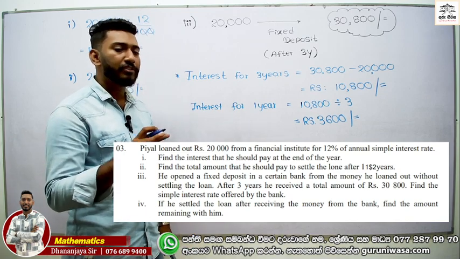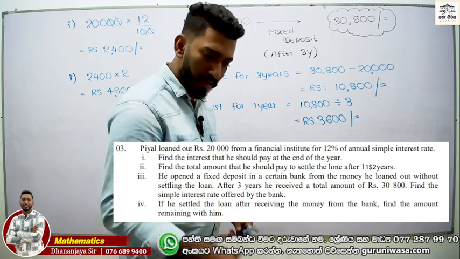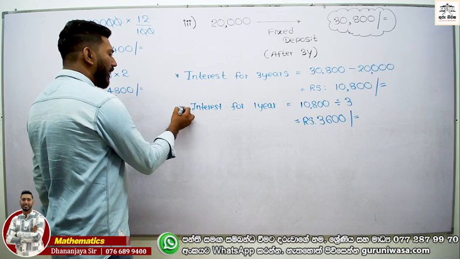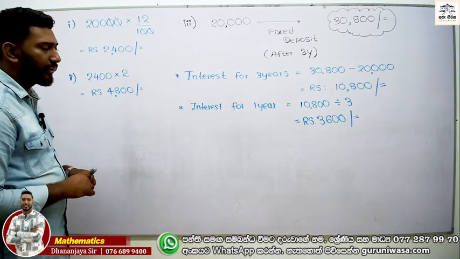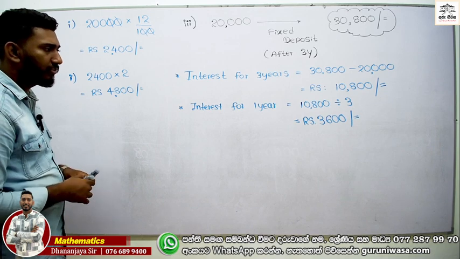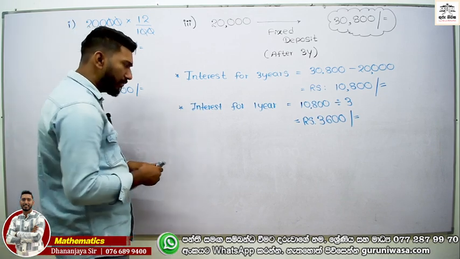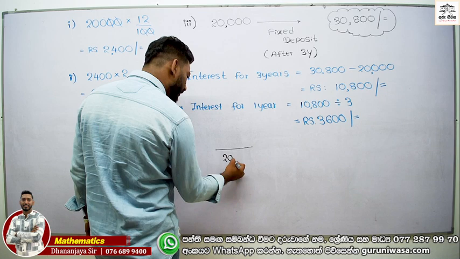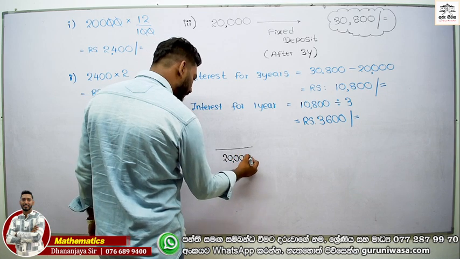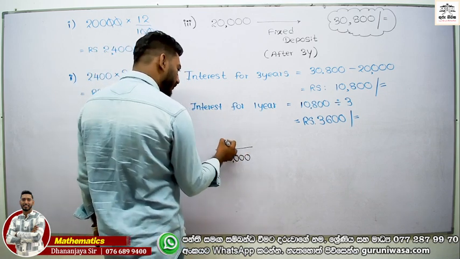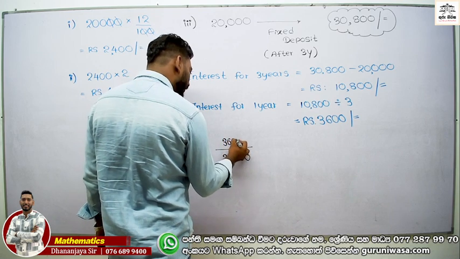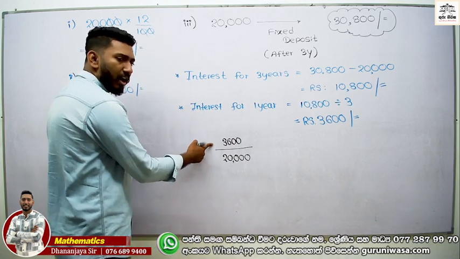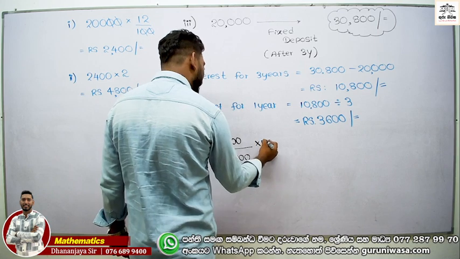But the question is to find the simple interest rate offered by the bank. The way we make a rate is very easy. Any number can be written as a percentage using fractions. He deposited 20,000 and the bank offered 3,600 interest for a year. Multiply by 100. Well done, multiply by the 100%.